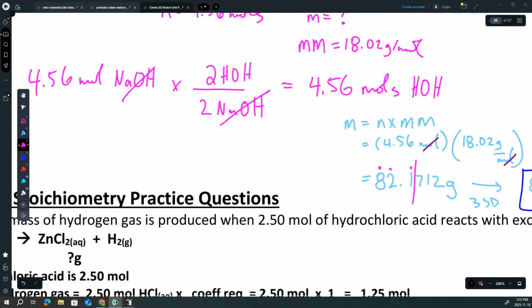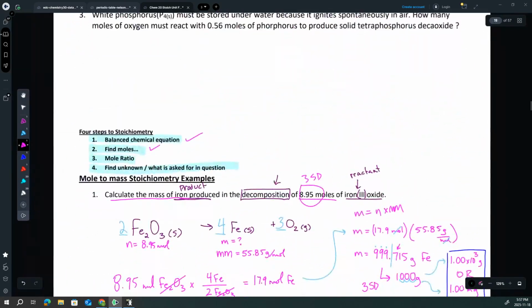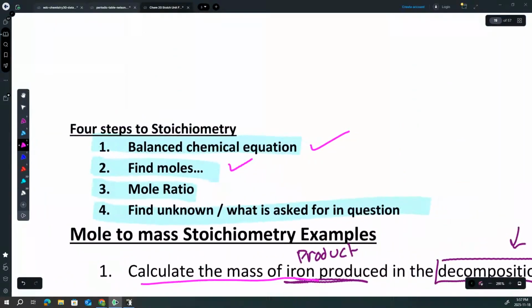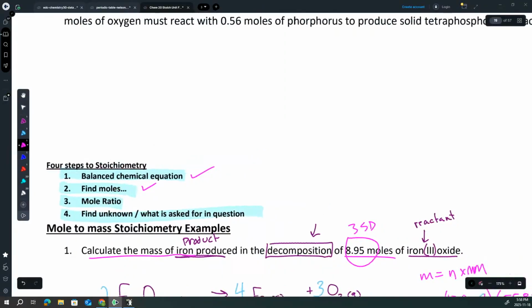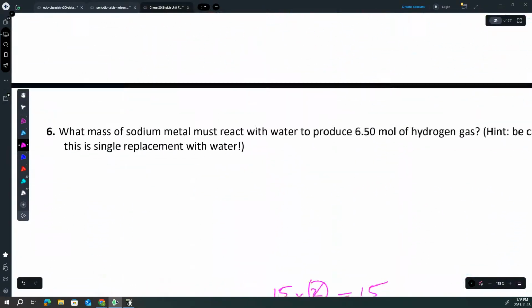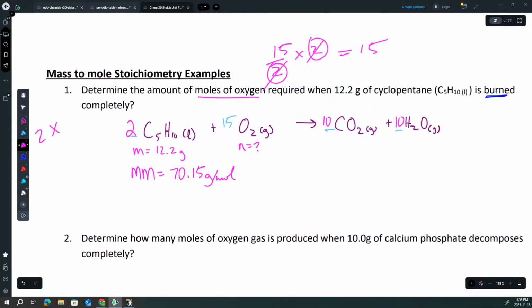Okay, so we're still following these 3 steps of balanced chemical equation, find the moles of your given. We just need that mass is equal to moles times molar mass equation to get the moles of our given substance there. Okay, and then afterwards we're going to do mole ratio, and then step number 4, give the question what it's asking for.